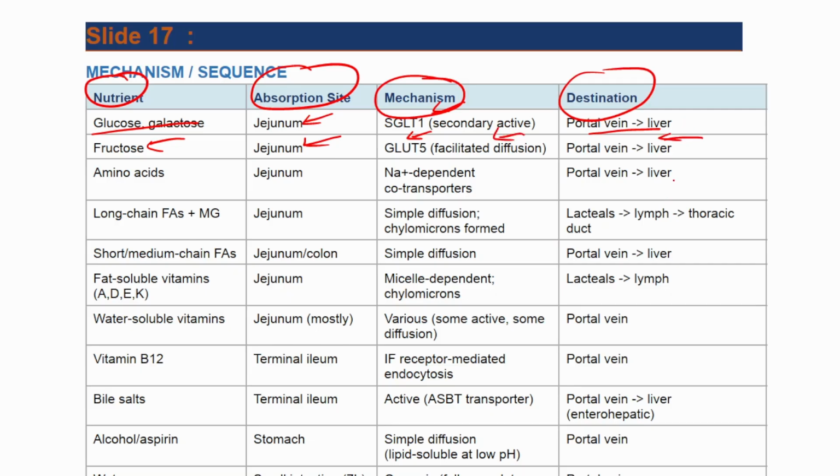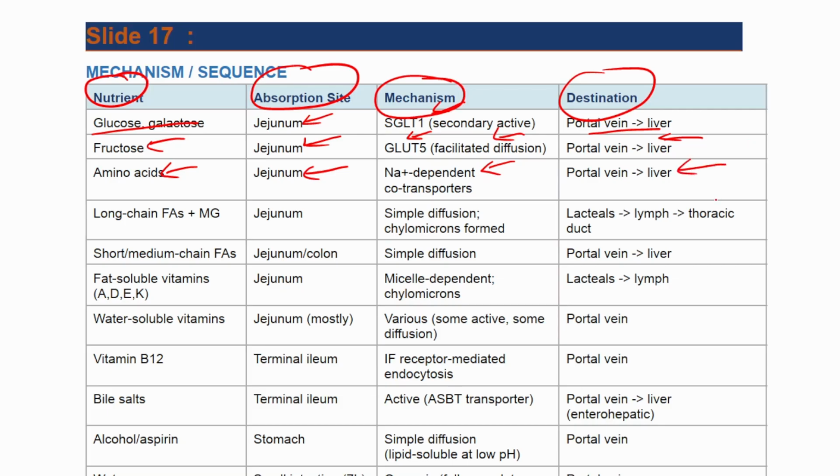Now that we have routed the primary simple sugars into the portal systems, the matrix shifts to nitrogenous monomers, which utilize an energy-dependent entry method. Within the jejunum, the free amino acids rely on sodium-dependent co-transporters, ensuring their systemic transport via portal vein to the liver.